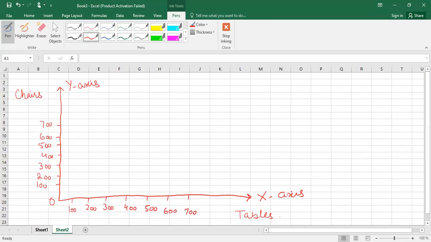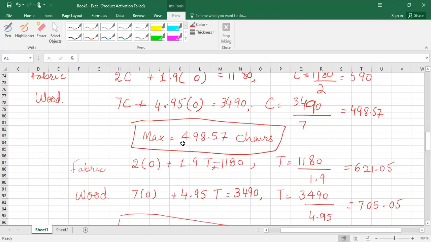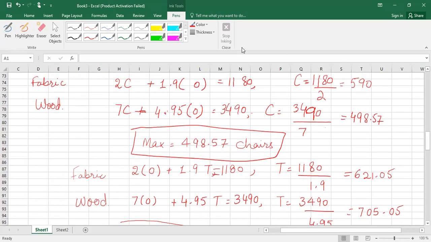First equation is this, where we allocate all the resources to chairs. C is 597 with this equation, fabric. And from fabric we have values of 621 of the tables.